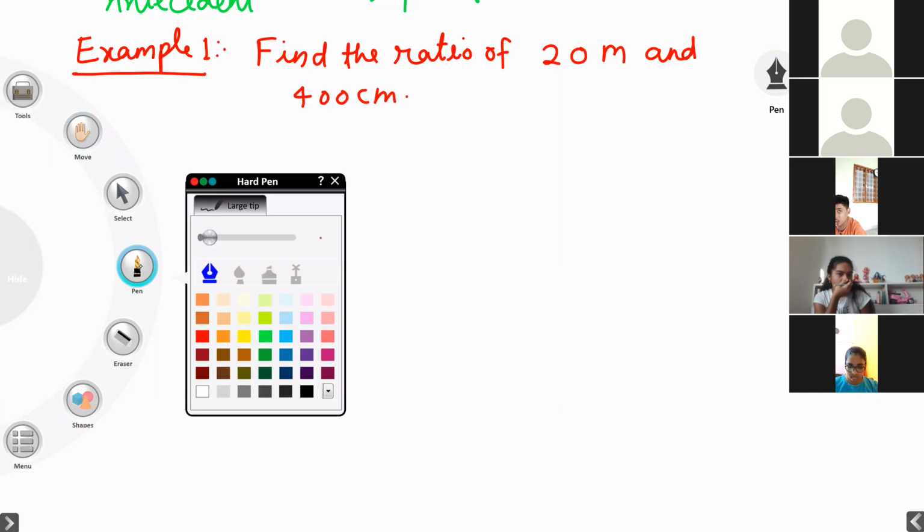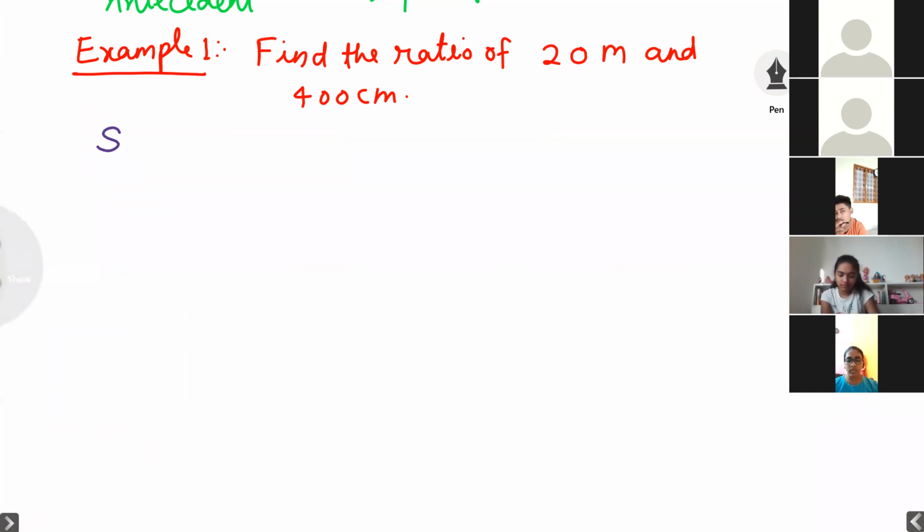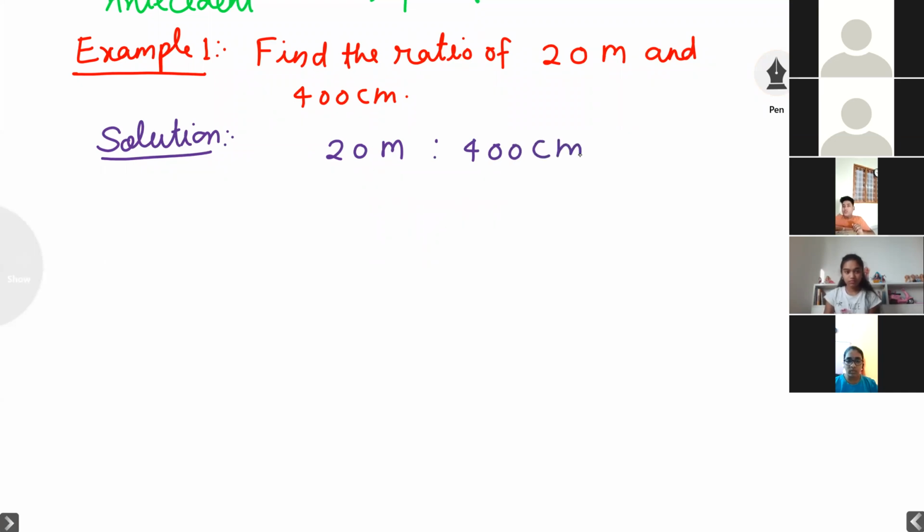Concentrate everyone, don't write. First question, concentrate here. How to solve this question? Firstly, I want to check whether both units are the same or not. He has given 20 meter is to 400 centimeter. Can we compare?